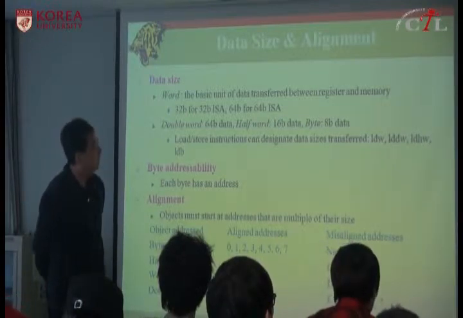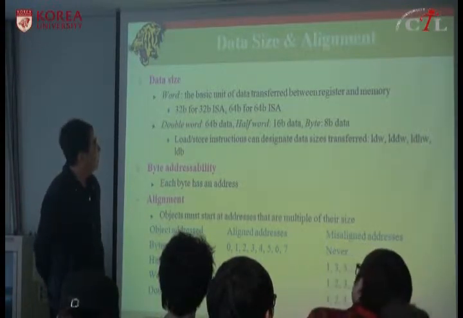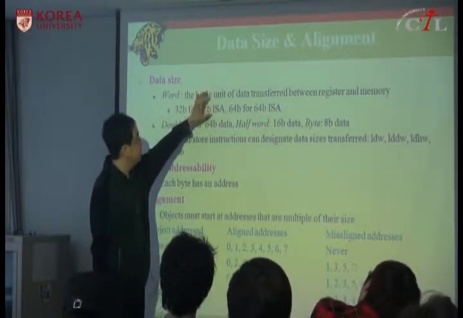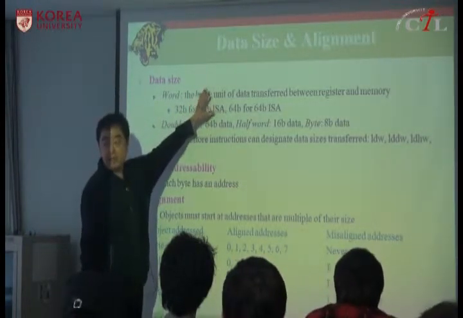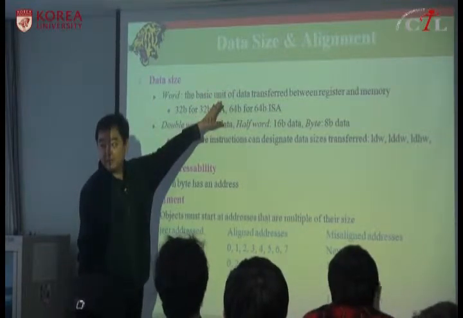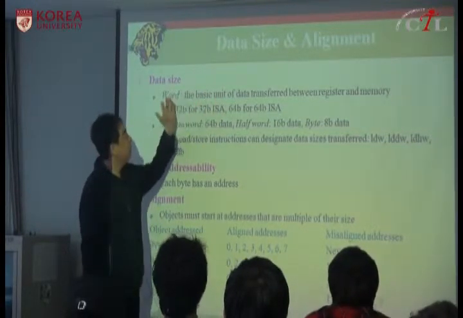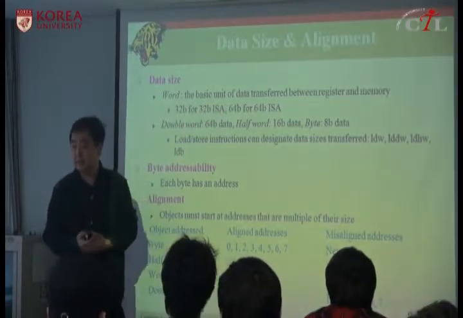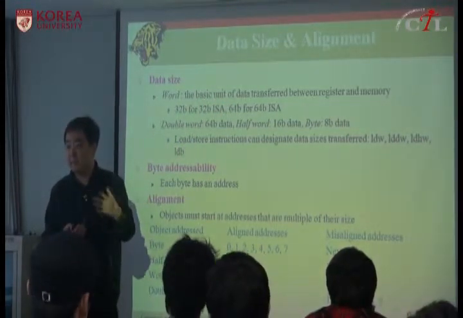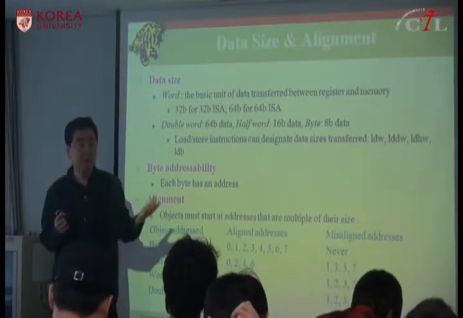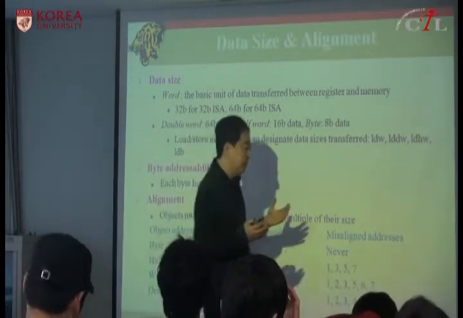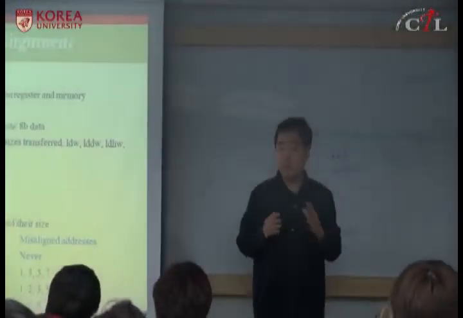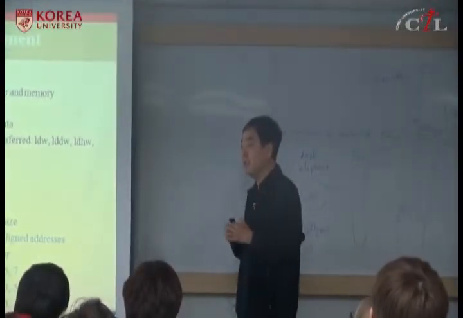So word, the more accurate definition, is the basic default data size for computation. Okay, and also the word is the default data size for a load instruction. If you do a load, it means a word. If you want to load half word or different size data, then you have to specify.